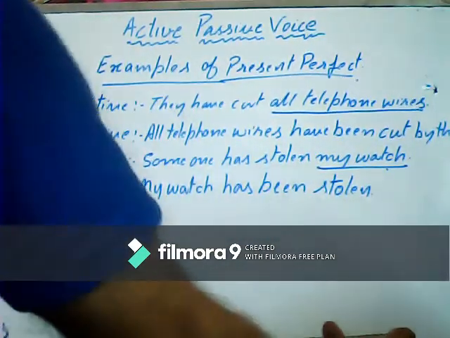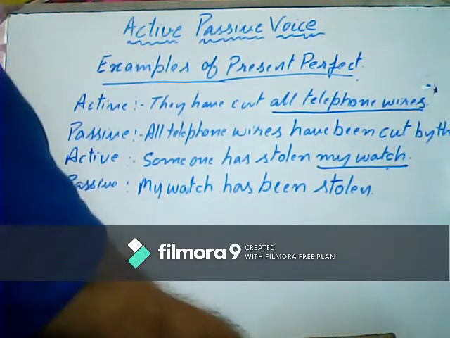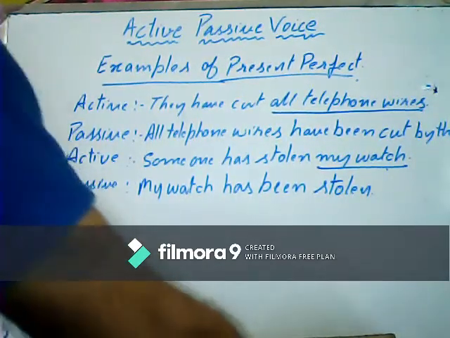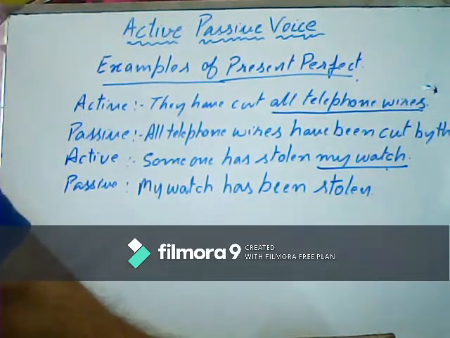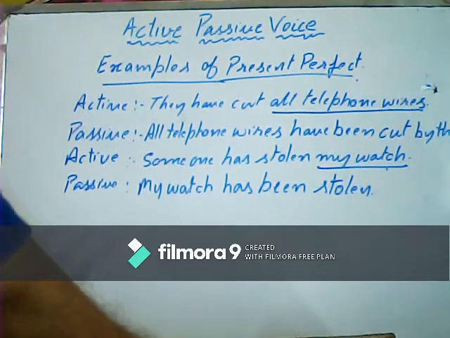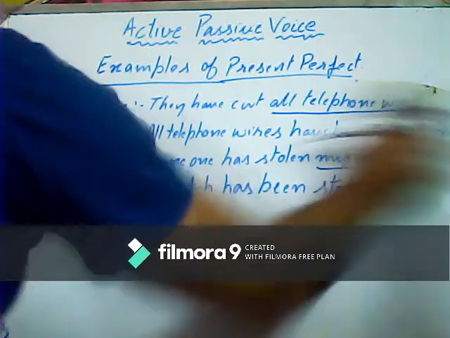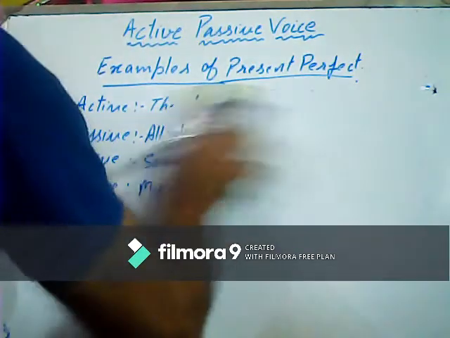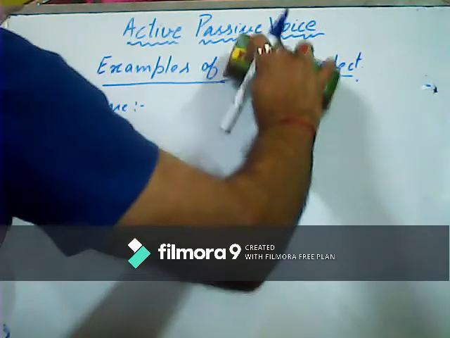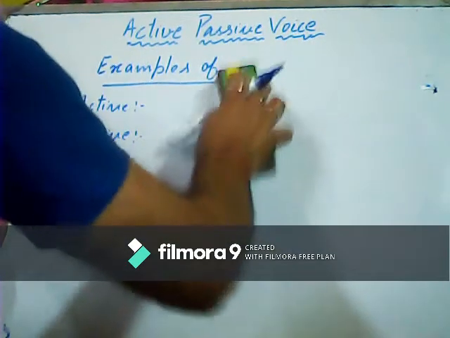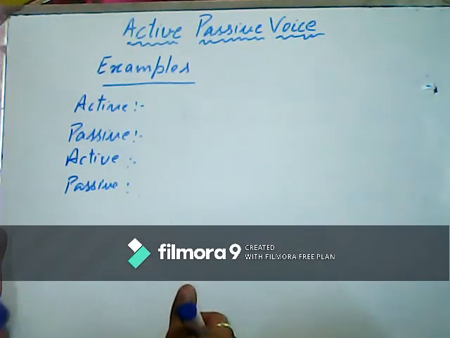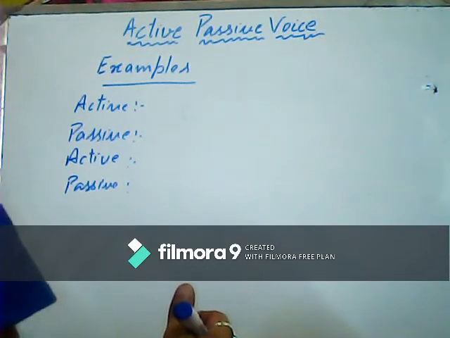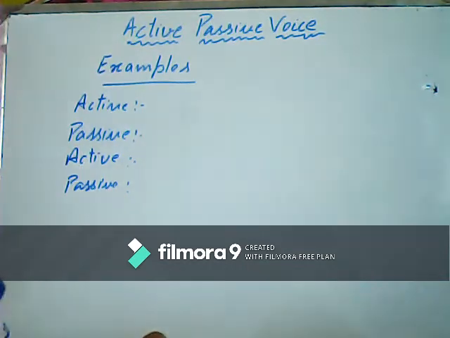Now we come to one more example. I would like to take one interrogative sentence for you, how these interrogative sentences are changed. Now this is an interrogative sentence, but it is a simple present interrogative sentence. Do cats catch mice?